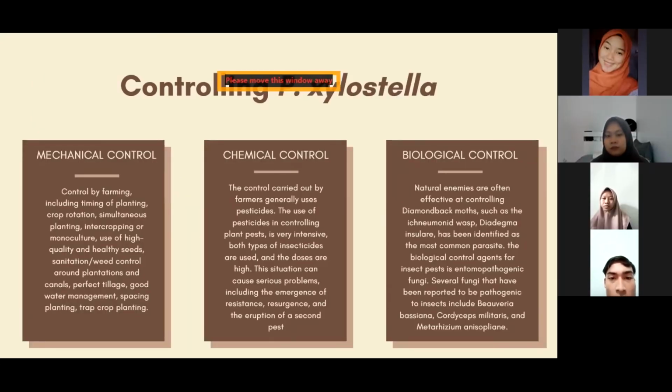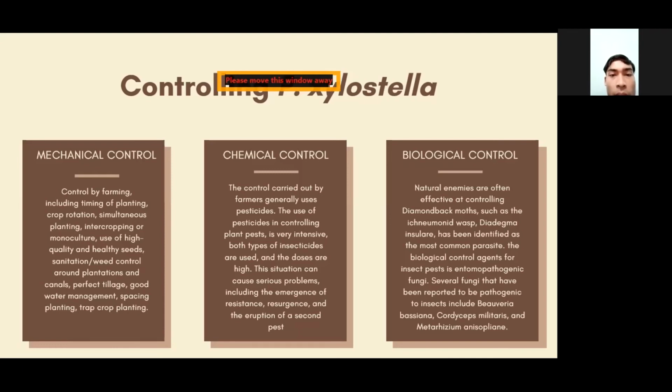Next, controlling P. xylostella. Mechanical control.